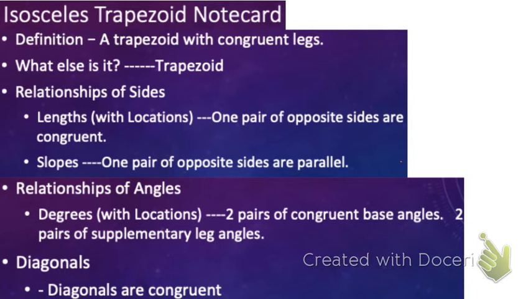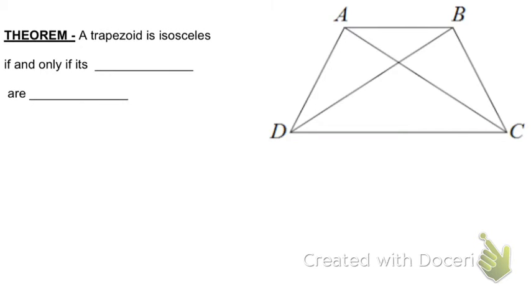The diagonals are congruent. That should finish off the note card as we go back to the note packet. A trapezoid is isosceles if and only if its diagonals are congruent. So in all isosceles trapezoids, the diagonals will be congruent.